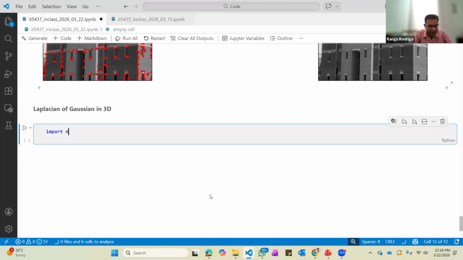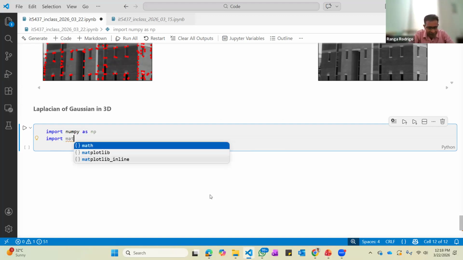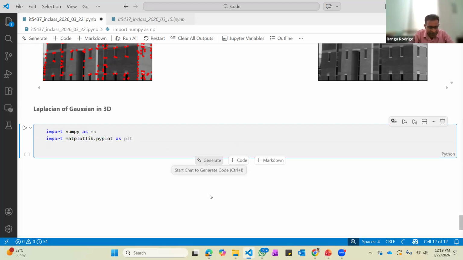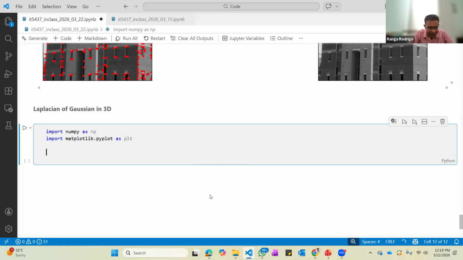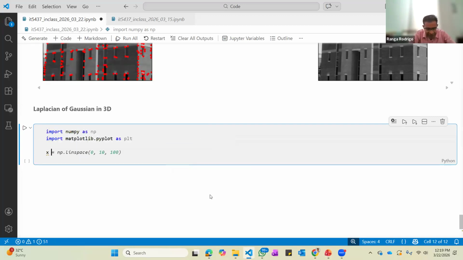Import numpy as np. Import matplotlib.pyplot as plt. Oh, we want another one. I don't remember that. I'll do it later. So first of all, I'll construct my x values. Half width of the kernel.